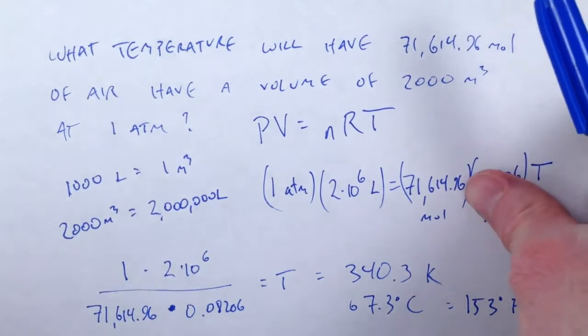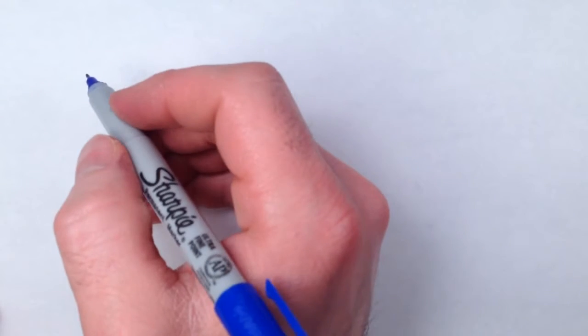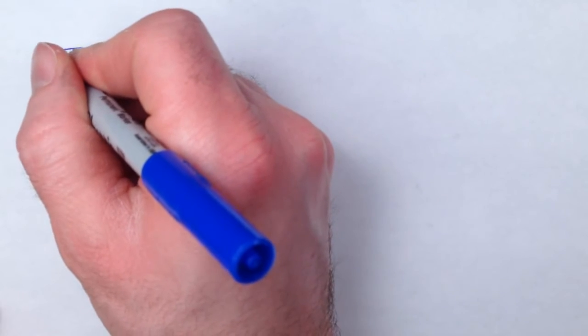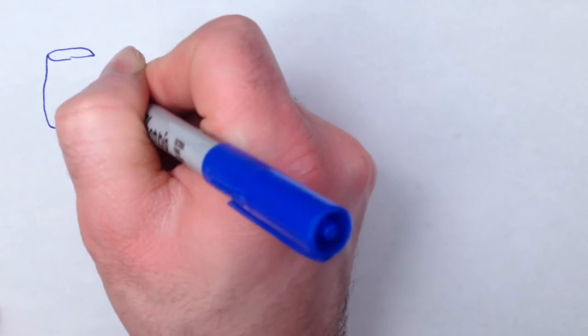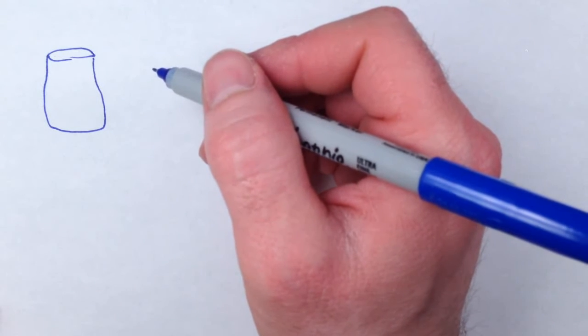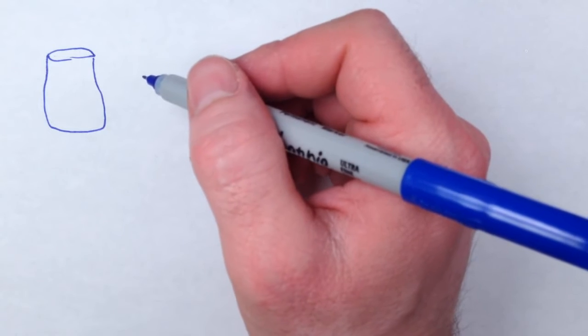Okay, there was one more problem. This is the one that I gave you yesterday. It had to do with canning. Right, so you've got yourself a jar. I'm going to draw a very basic jar, sorry. That is a sorry looking jar. All right, so we've got a jar.